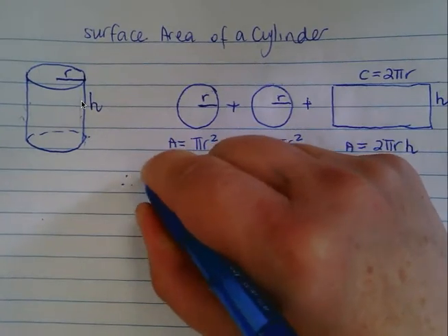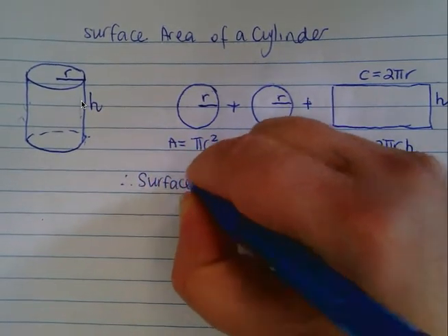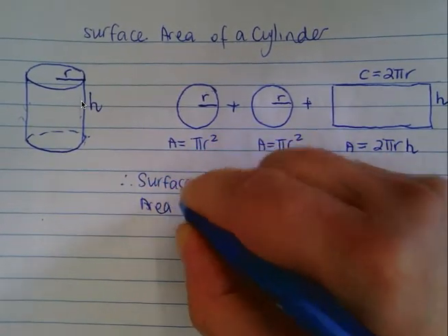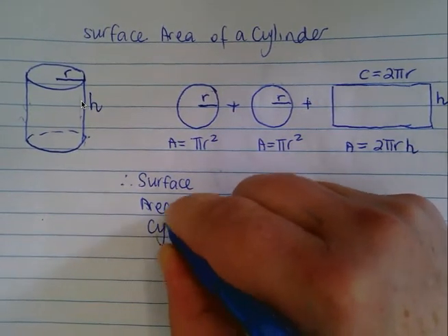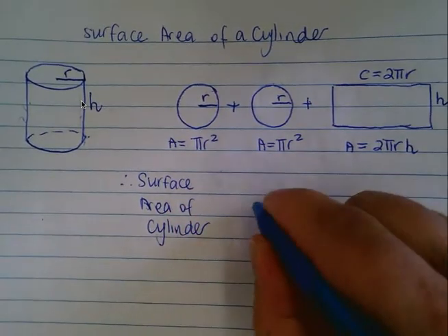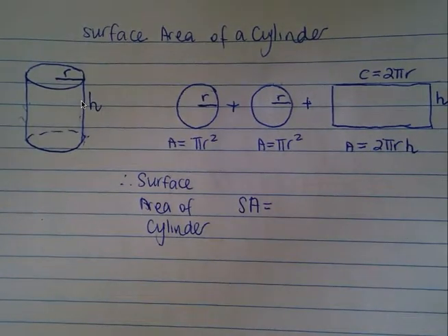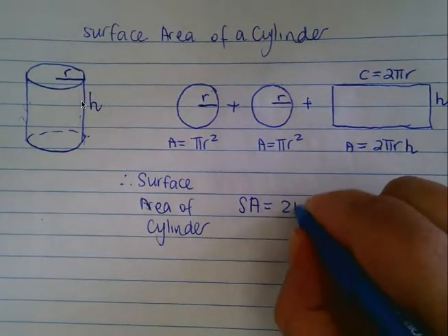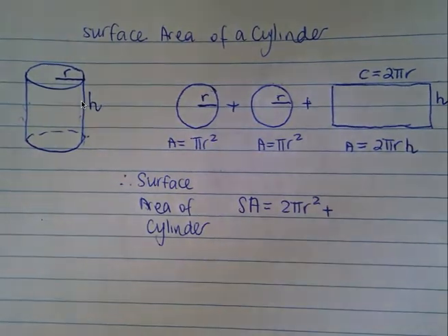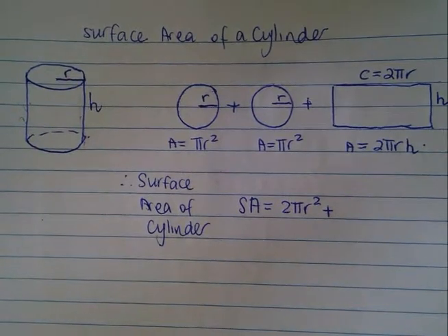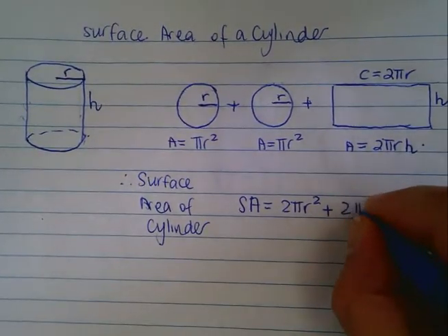Therefore, the formula for the surface area of a cylinder is 2 circles, 2 pi r squared, plus the area of this rectangular piece, 2 pi r h.